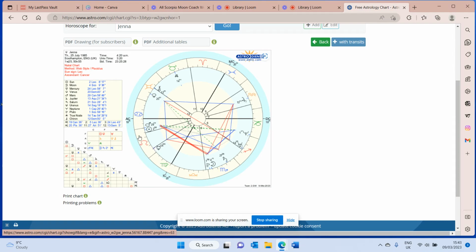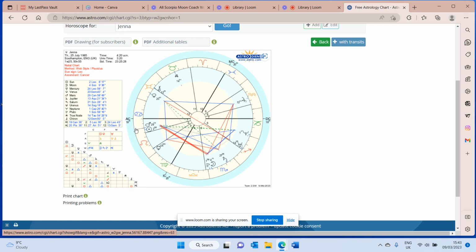The fire signs, handily in red, are Leo, Aries, Sagittarius. Then the earth signs are Virgo, Capricorn, Taurus. The air signs are Libra, Aquarius, Gemini. And the water signs are Scorpio, hello Scorpio being coach, Pisces, and Cancer.